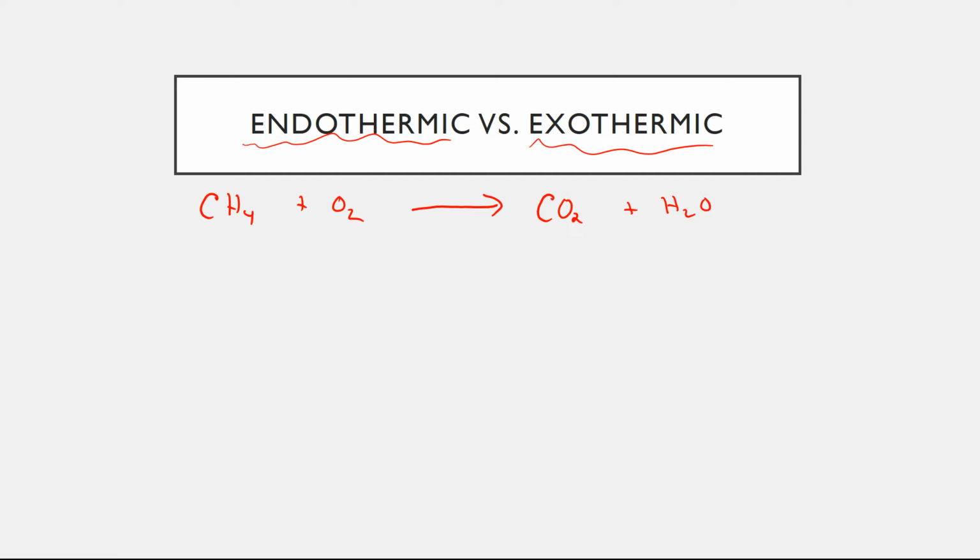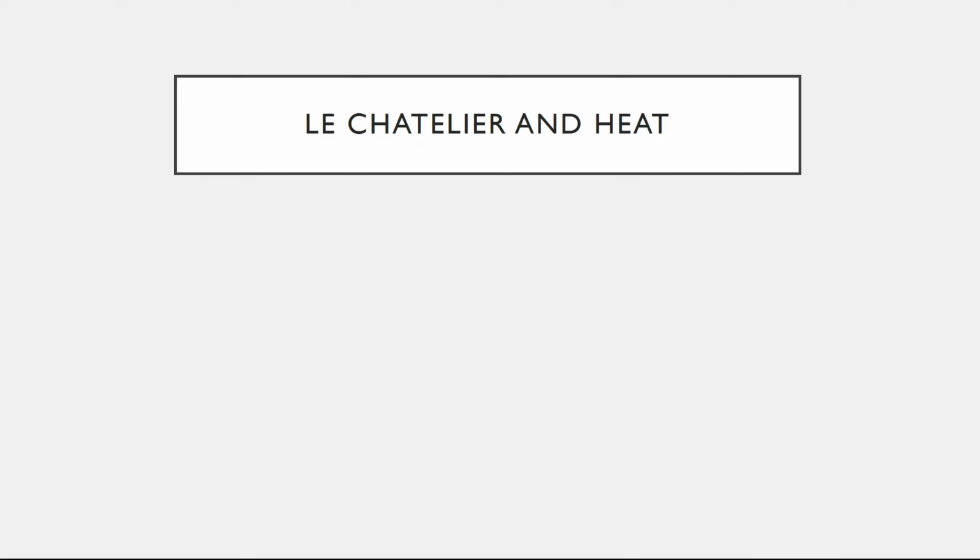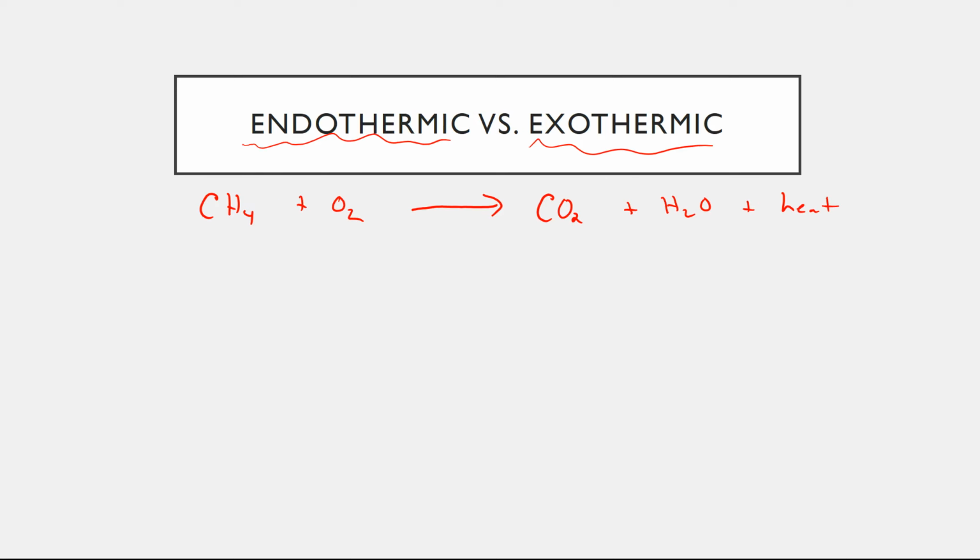But as you all know, when you burn natural gas, we also get a bunch of heat. So if I combust, we do need a little spark in there, but it's not necessarily an addition to the system. It's just to kick start that. So if I combust methane and oxygen, I'm going to produce carbon dioxide, produce water, but I'm also going to produce a lot of heat.